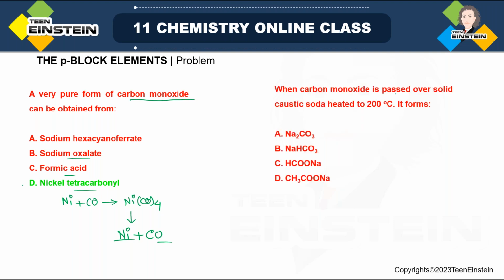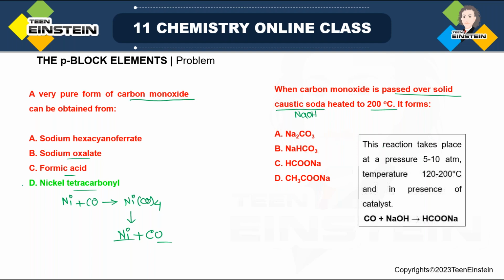When carbon monoxide is passed over solid caustic soda, we have not taken the solution of it. So caustic soda means NaOH in solid form, and heated up to 200 degrees centigrade, what does it form? So NaOH, when it reacts with CO, forms HCOONa, that is sodium formate. Formic acid is HCOOH.